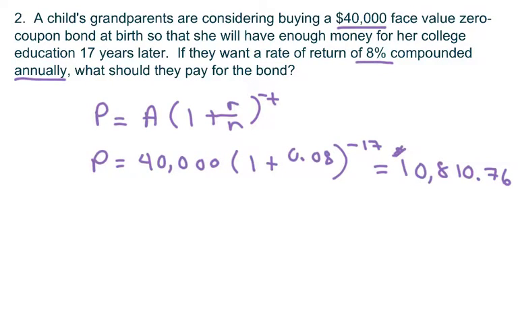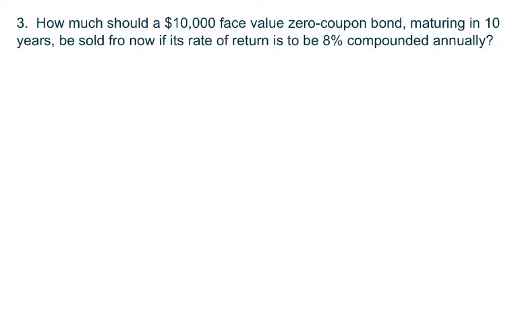Alright, the next one: how much should a $10,000 face value zero coupon bond maturing in 10 years be sold for now, if its rate of return is to be 8% compounded annually?